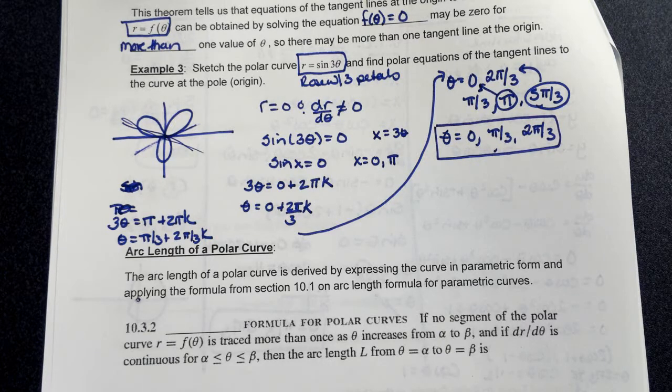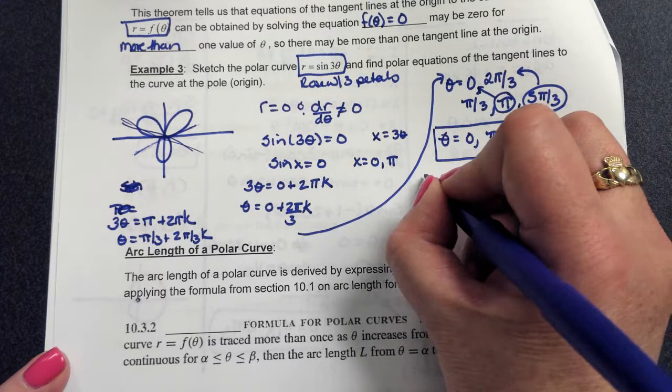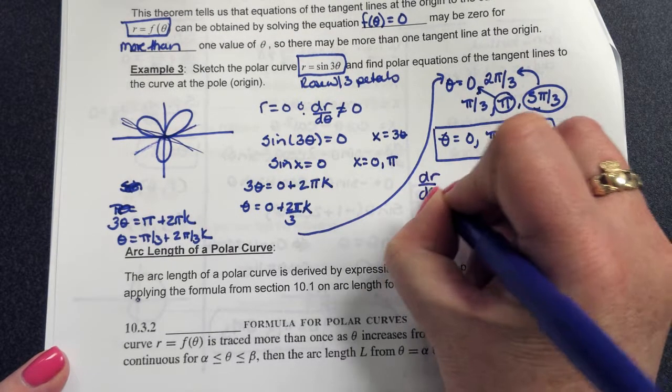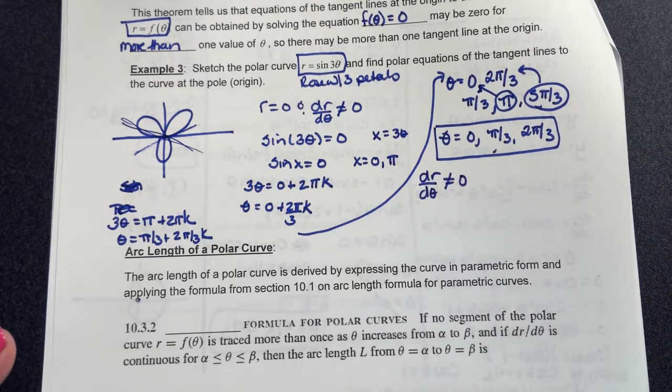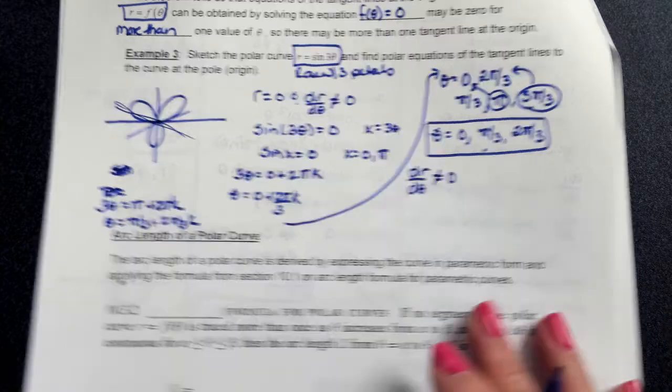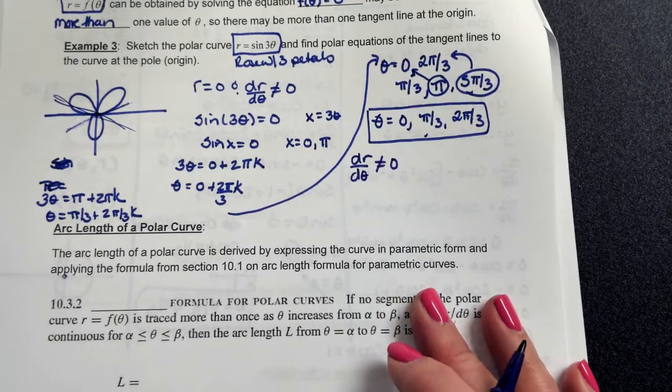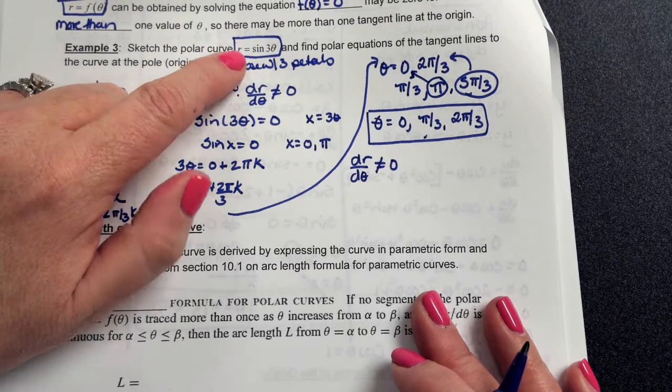Alright? So any questions on where I got those angles from? And again, now you have to assure that, remember, your dr d theta is not equal 0. So now what you have to confirm is that your dr d theta is not equal 0 at any of those particular angles. So what is your dr d theta going to be?